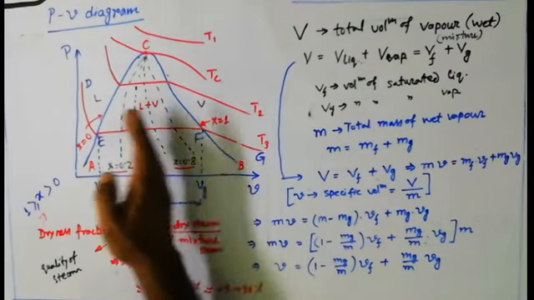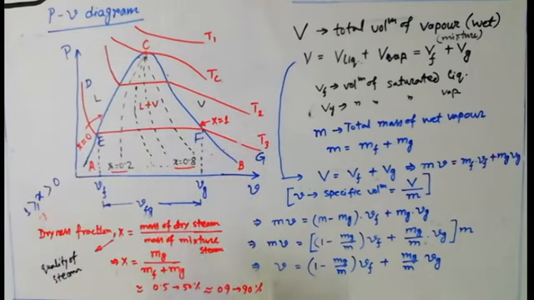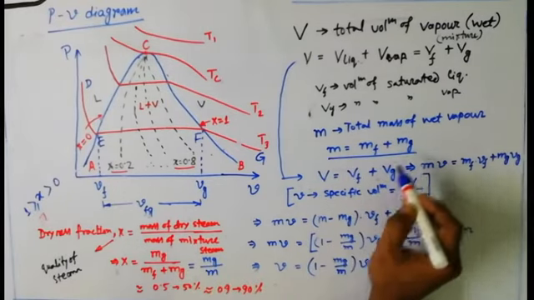If it is far from BC, then it will be very bad quality steam and the dryness fraction will be close to 0. Now this dryness fraction expression I can write this way: mg by (ma plus mg), that can be written as mg by m, because ma plus mg is nothing but m.